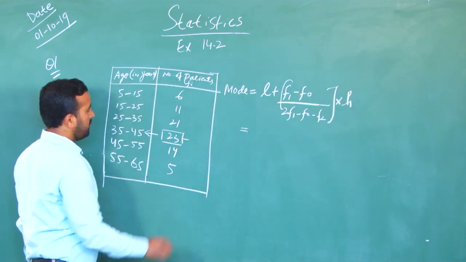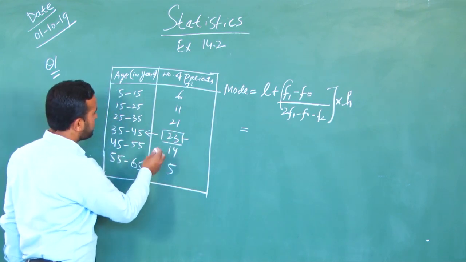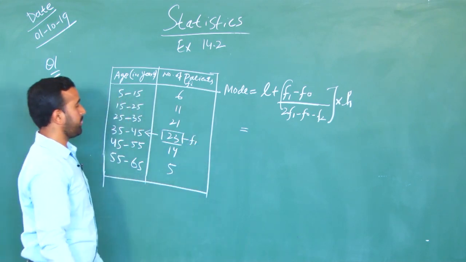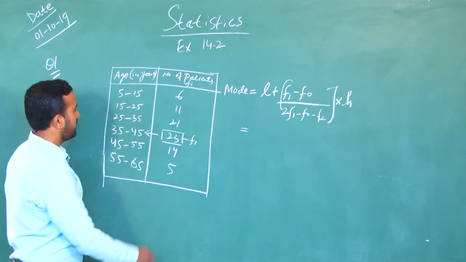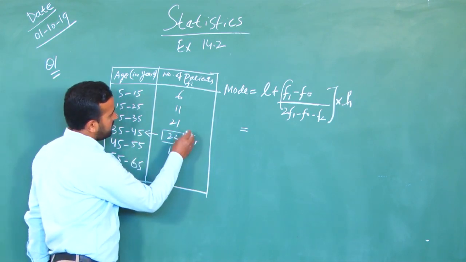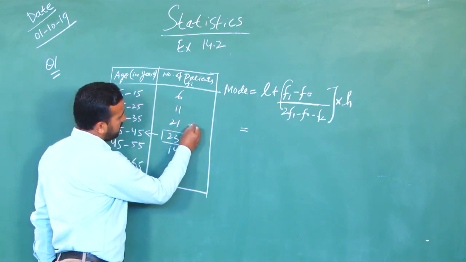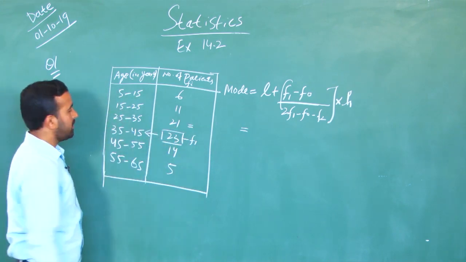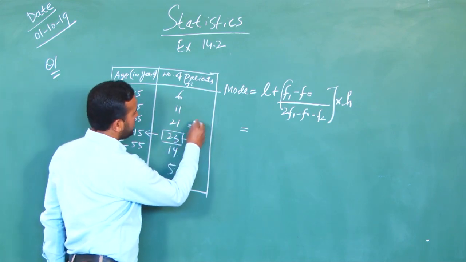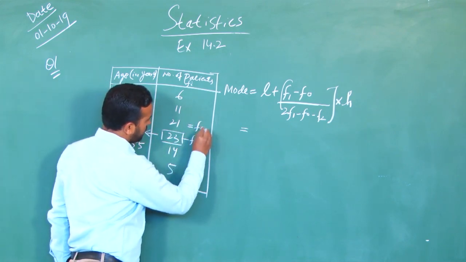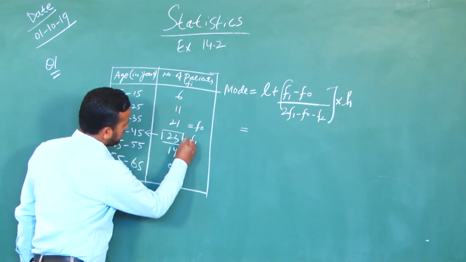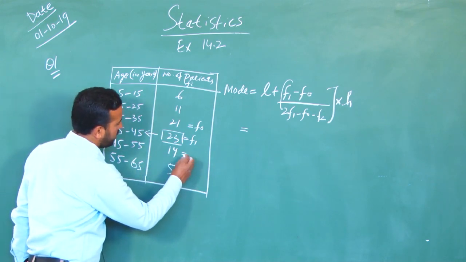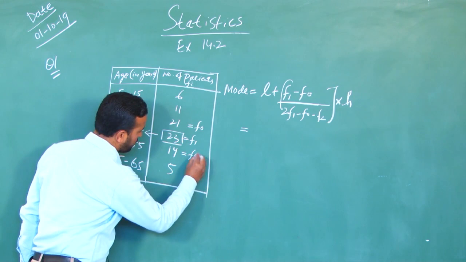So what is the frequency of the modal class? That is equal to 23, taken as F1. The frequency 21 is the frequency of the class preceding the modal class, that is F0, and the class succeeding the modal class has the frequency 14, so this is taken as F2.